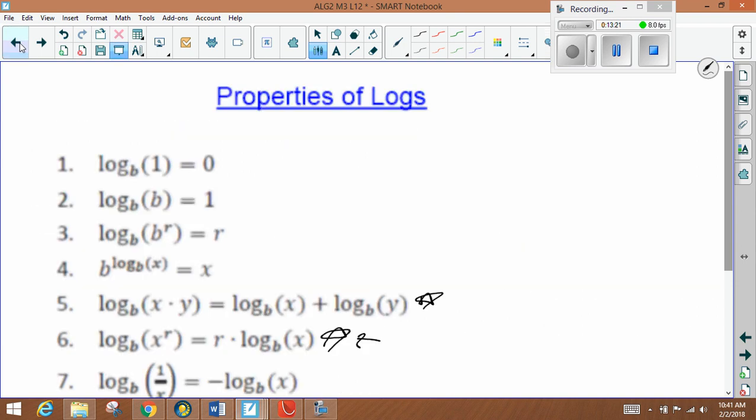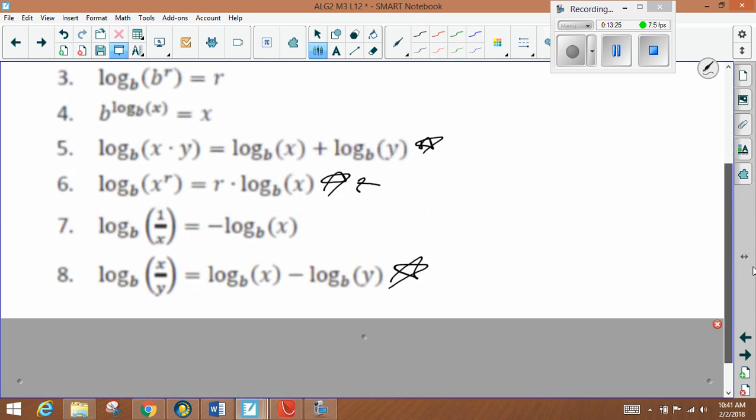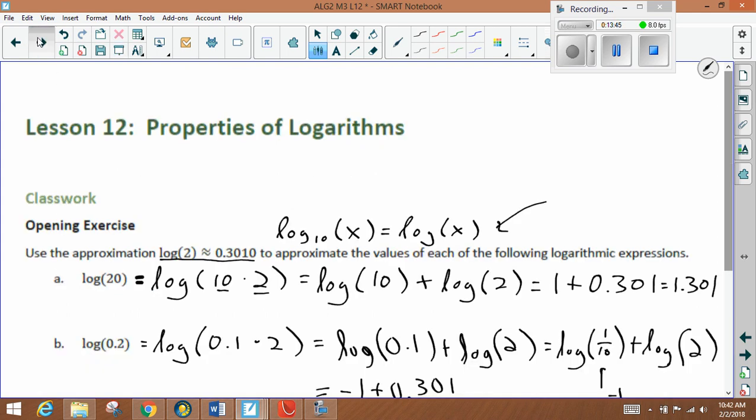Oh, there they are. Okay, here are my properties. And there is one that is very different. We have not used this one, but it tells me that if I have 1 in my numerator and then some value in my denominator, I can just call this a negative log of whatever is in my denominator. So we will apply this property to the problem we are working on.